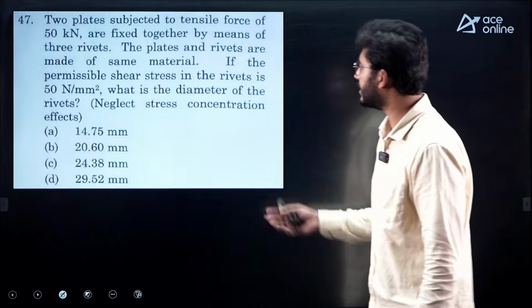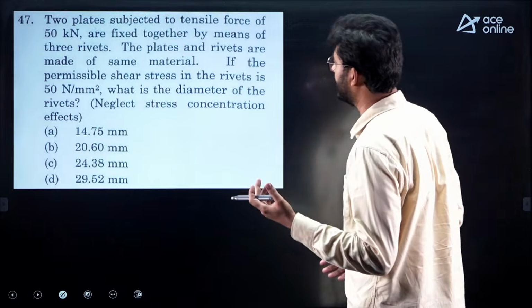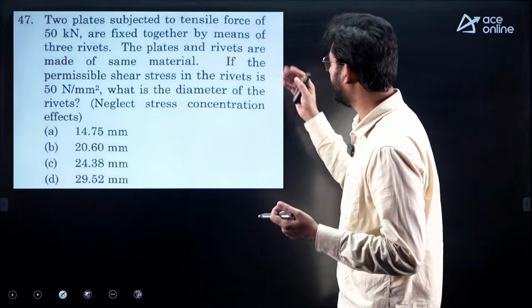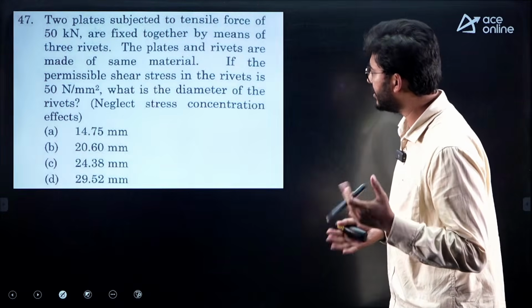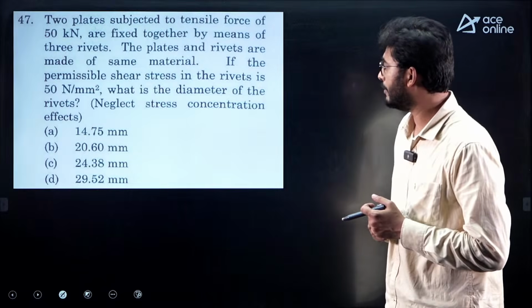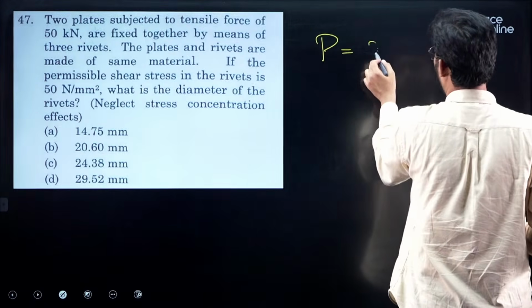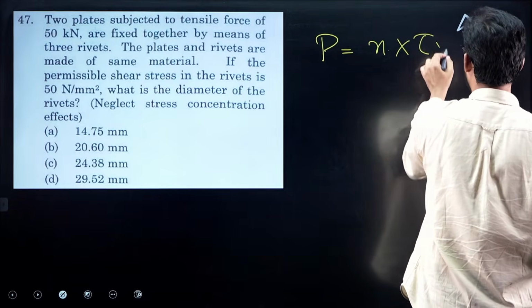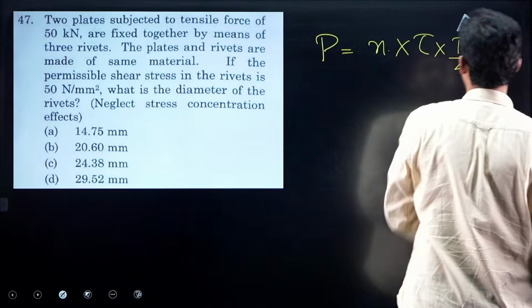Next, two plates are subjected to a tensile force of 50 kilonewton and are fixed together by means of 3 rivets. The plate and the rivets are made of same material. If the permissible shear stress in the rivets is 50 Newton per mm square, what is the diameter of the rivet? So here the force is equal to number of rivets into shear stress into shearing area, that is pi by 4 times d square.